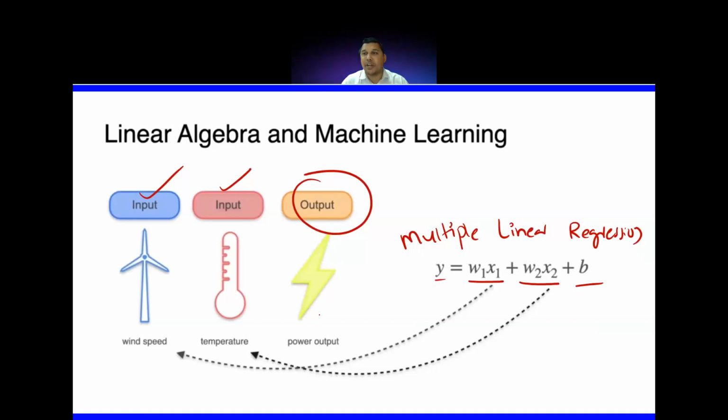If it is dependent on a single variable, we have a separate session on regression, don't worry. But again, I'm going a little into regression analysis so that you can understand how linear algebra is required for machine learning. So the output is dependent on two different input variables. One is wind speed, the other is temperature. Let the wind speed be x1, temperature be x2, and let this be y.